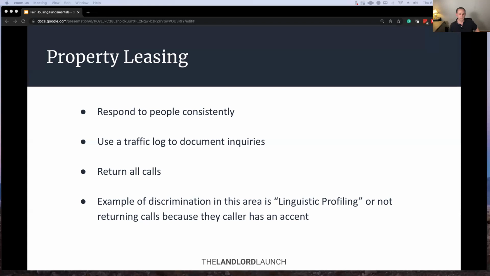Again, return all calls. Linguistic profiling is one of the tools that will be used to determine if there's a potential of discrimination going on. What they basically do is they'll have somebody call that has a heavy accent and ask about an apartment, and then they'll have somebody with no accent call and ask about an apartment.